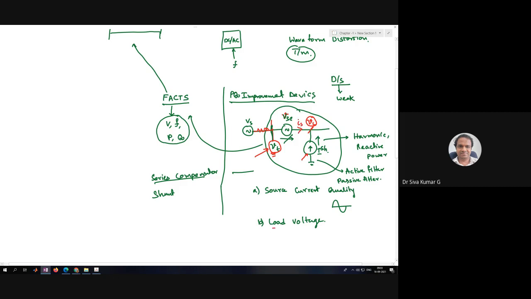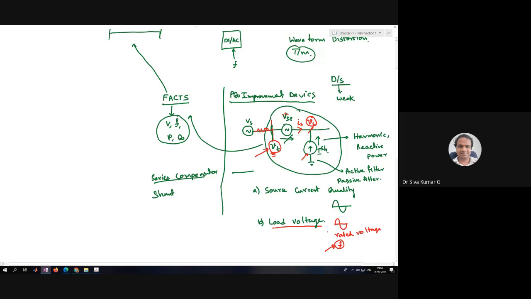The load voltage is improved in the sense that we make it nearer to a sinusoidal, rated voltage. We expect the rated voltage and the frequency to be maintained constant, but the frequency control is not in our control because it is the frequency of the grid.